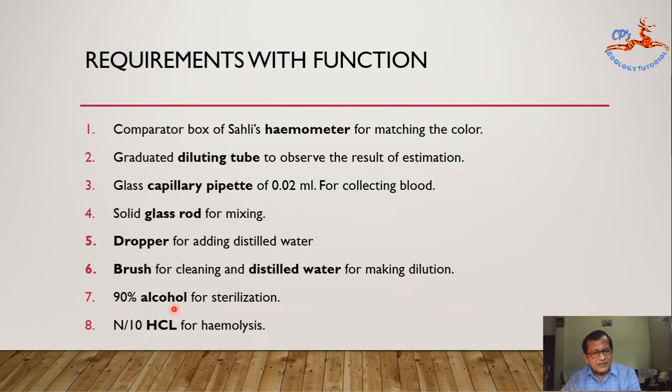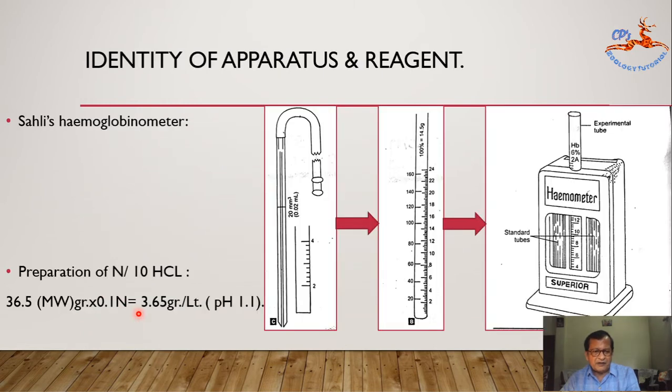Alcohol, 90% approximately, is used for sterilization. N/10 hydrochloric acid is required for this reaction, which is used for hemolysis of the RBC. Now we are going to explain how this N/10 hydrochloric acid can be prepared.